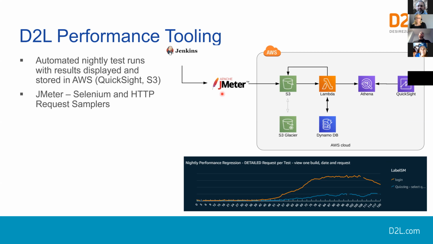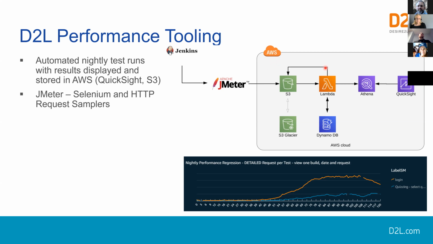With JMeter, we are using a set of test scripts comprised of mostly Selenium JavaScripts to simulate real end user behavior in a browser session, but we are also using HTTP request samplers. Simulating end user behavior is quite nice, but is also quite taxing on resources. And here is where our ability to leverage AWS EC2 virtual machines option comes in very handy.